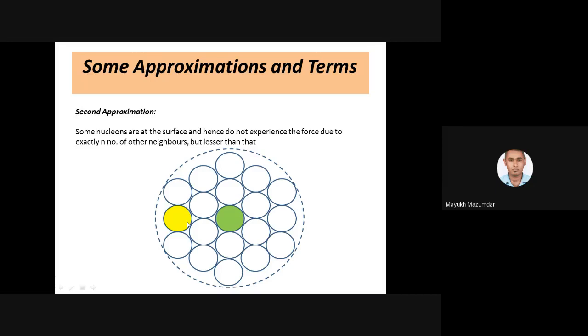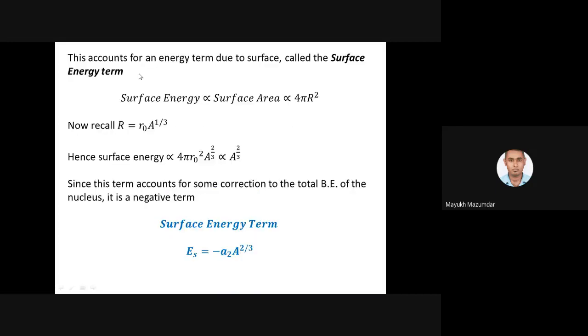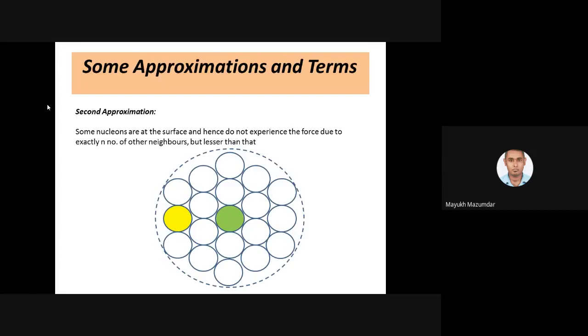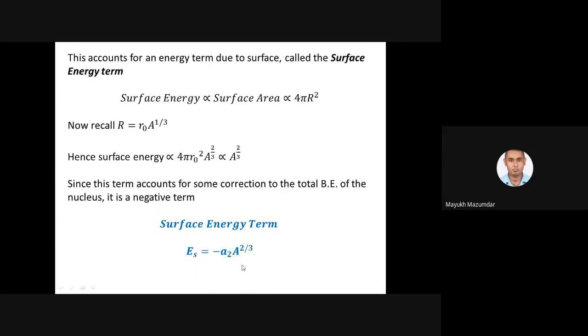So this term we'll call the surface energy term. Now the surface energy term, like the volume energy term, is dependent on the surface area. Obviously, if you have a larger surface, these factors will be more effective. So the surface of a sphere is 4 pi r square, and r is proportional to a to the power 1/3, so this term should be proportional to a to the power 2/3.